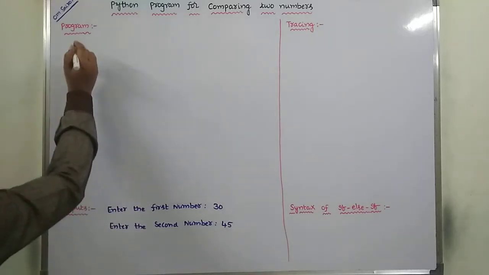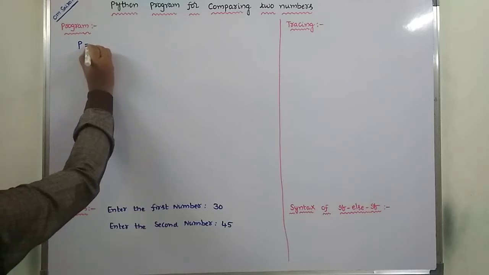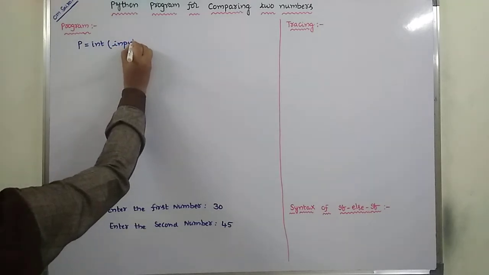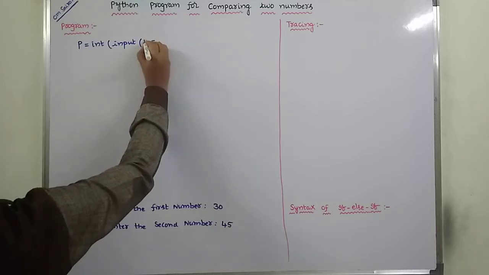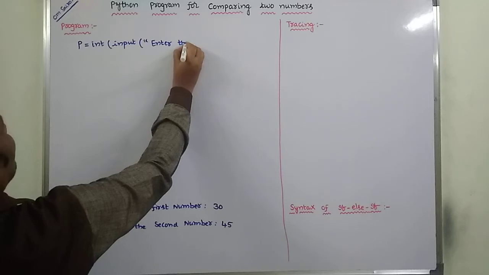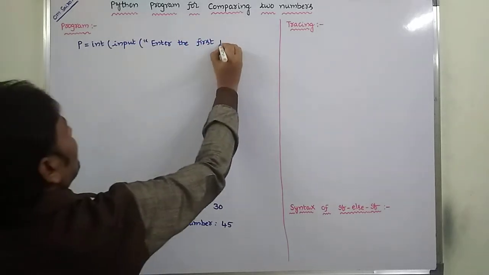First, P is equal to int of input of "Enter the first number".